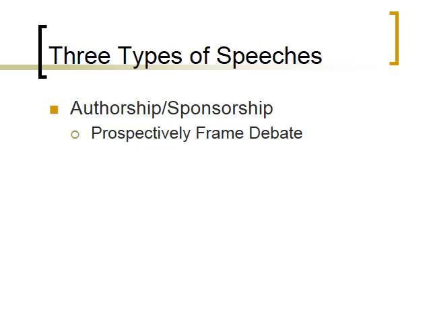So the first type of speech that you would see in a congressional debate round is a sponsorship speech or an authorship speech. This is simply the very first pro speech on a piece of legislation. The duty of that speaker is to prospectively frame the debate for you and for the other participants in the chamber.